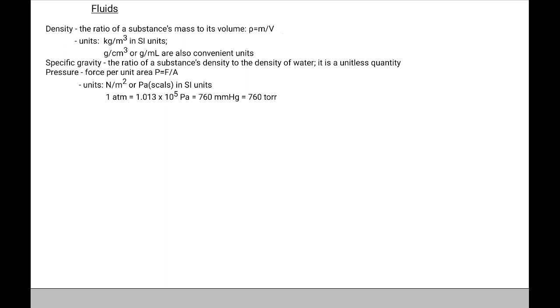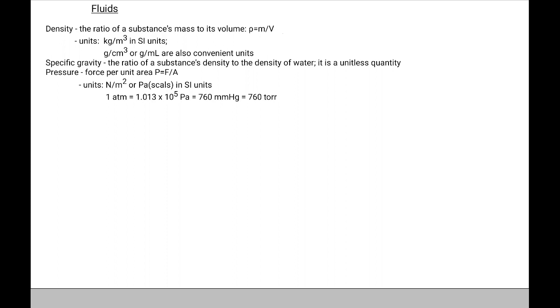Torr is named after the physicist Torricelli, an Italian physicist who determined that a column that's 760 millimeters tall containing mercury exerts the same pressure on a fluid as does 1 atmosphere.